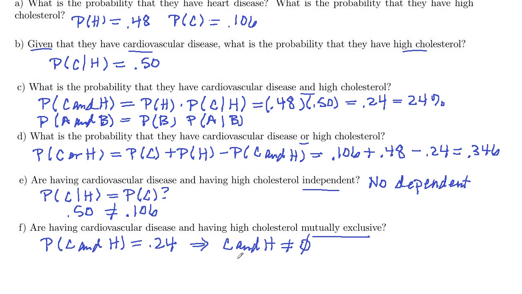So that means there is something in the overlap. So are they exclusive? No, there is overlap. So if they were exclusive, then the probability of the overlap would end up being 0, not 0.24. So, okay, so we got conditional probabilities in there. We've got multiplication rule, addition rule, independence, and mutually exclusive. So a lot going on in that example.